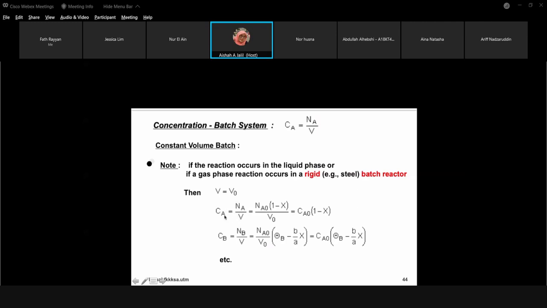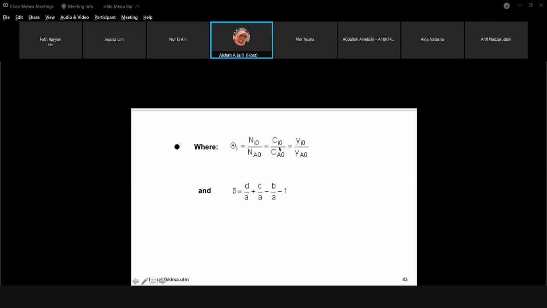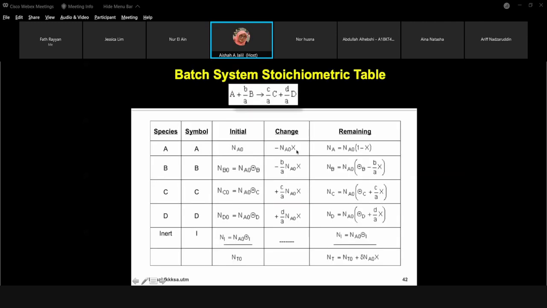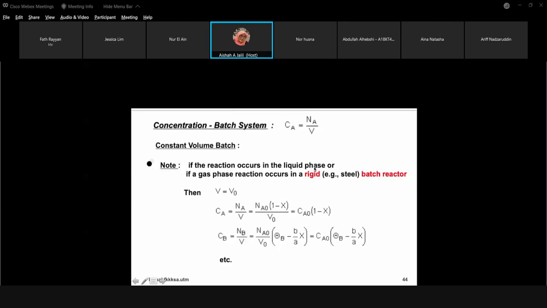So from here, you can know what is NA. NA is N naught, you have to remember this one. Same, NA equals NA naught times 1 minus X. CA also equals CA naught times 1 minus X. FA also equals FA naught times 1 minus X. Just remember that one.